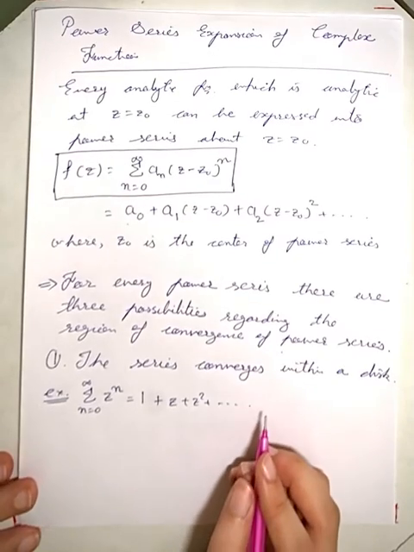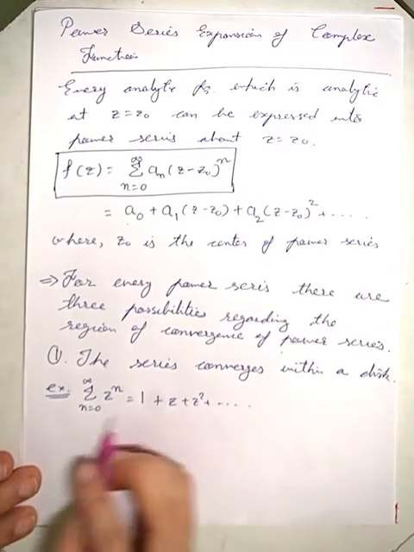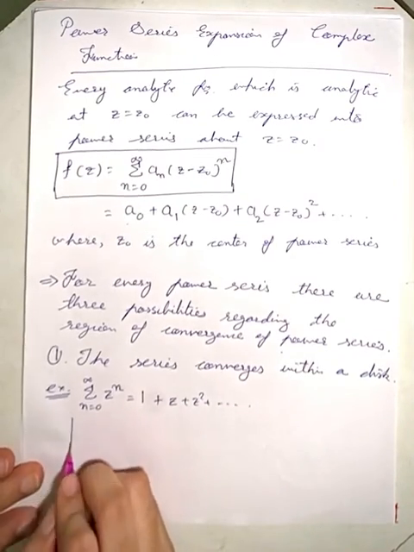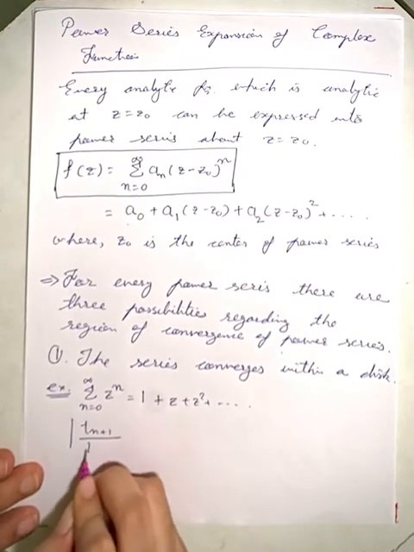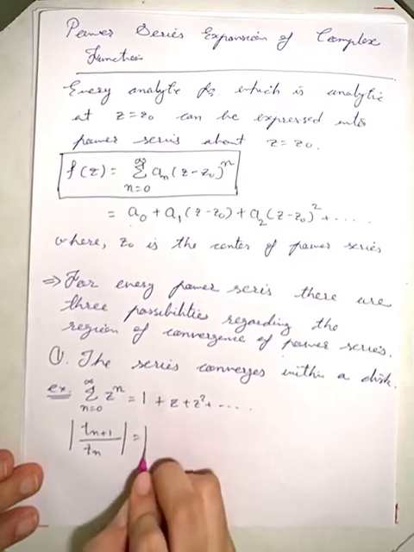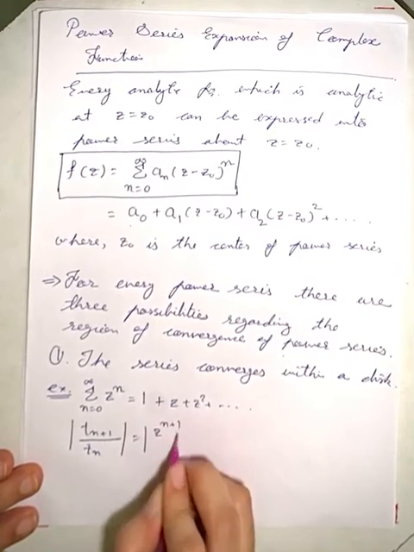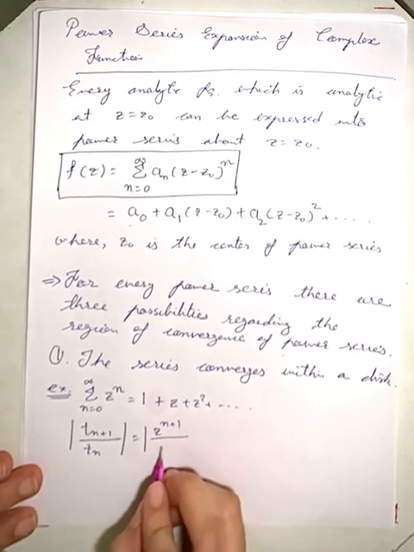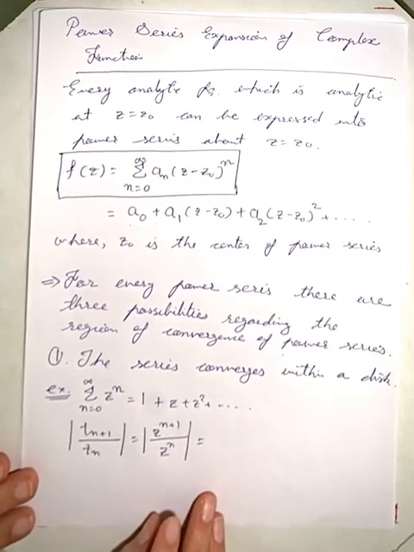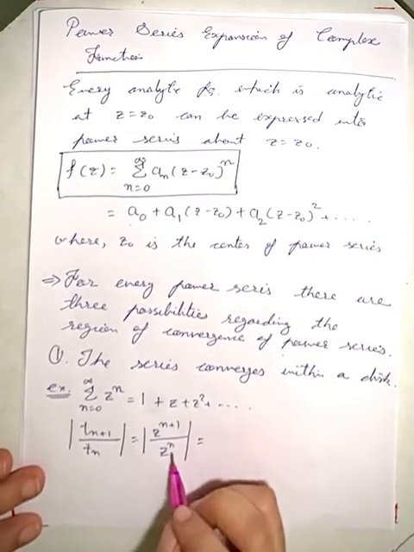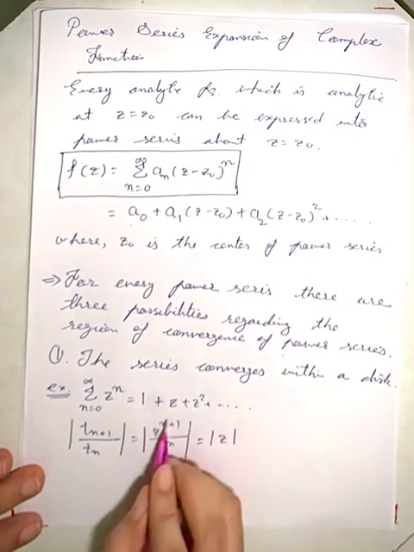Now we use the ratio test formula here, and that is T(n+1) upon T(n), which is equal to z to the n plus 1 upon z to the n, and this will be z, right?